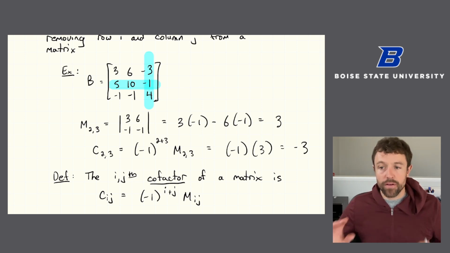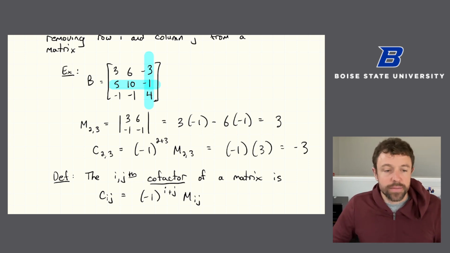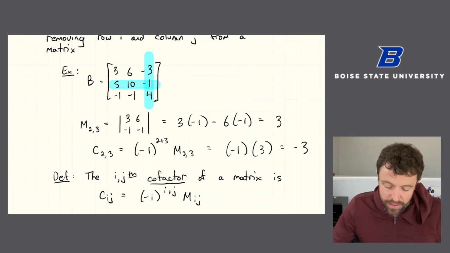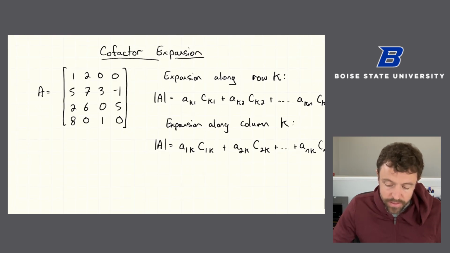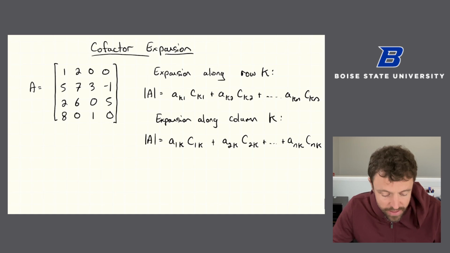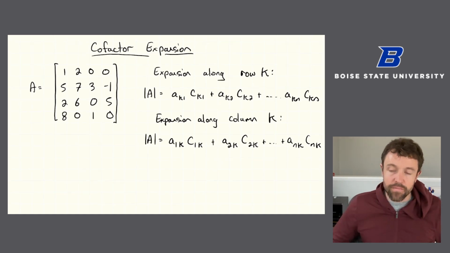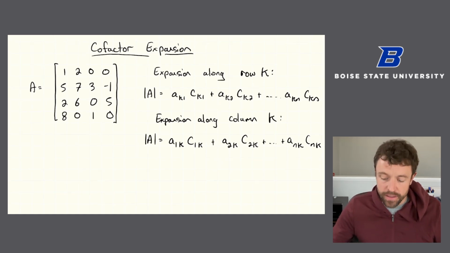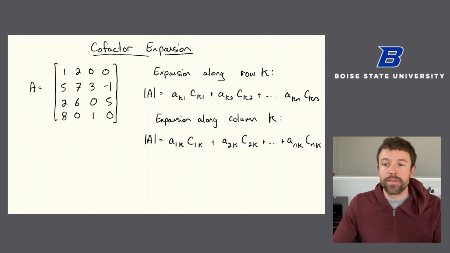Okay, we have all of our terminology. I want to get to the example where I'm going to use cofactor expansion to calculate the determinant of a matrix. So here's my matrix, and I want to use cofactor expansion to calculate this determinant. I've written two formulas down here that look, I think, kind of crazy, but I'll apply each of them.